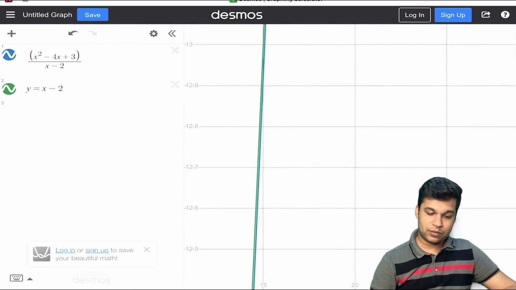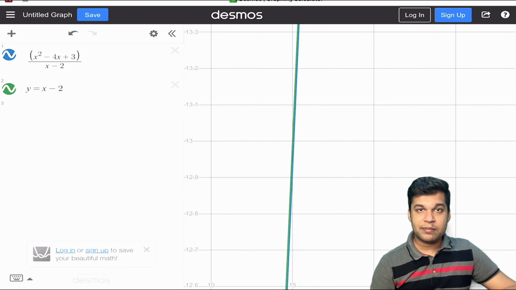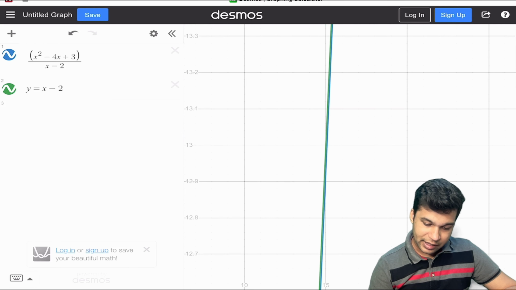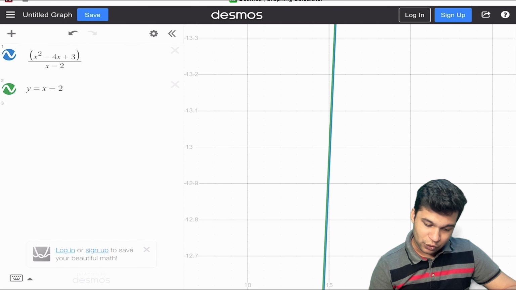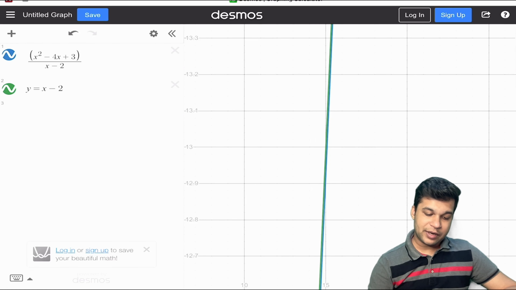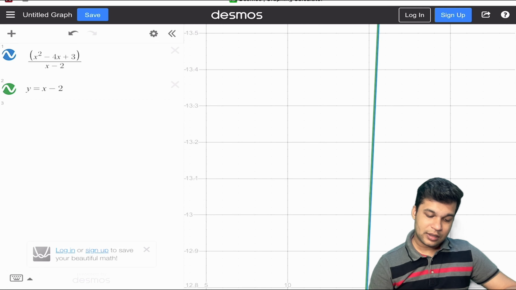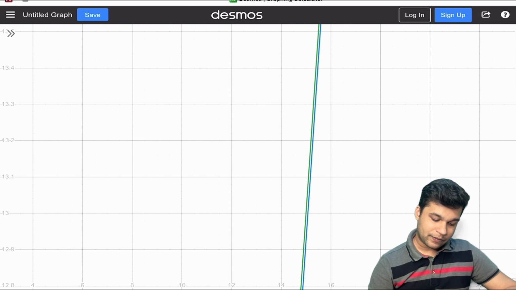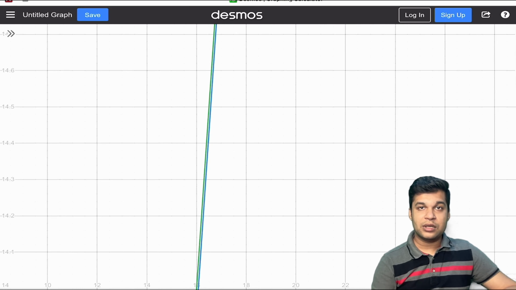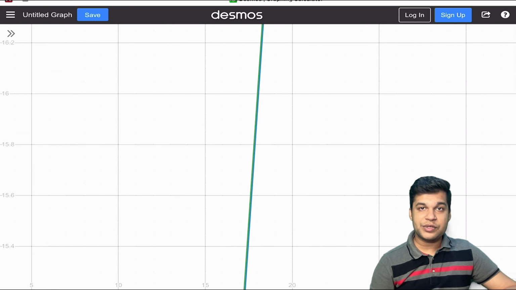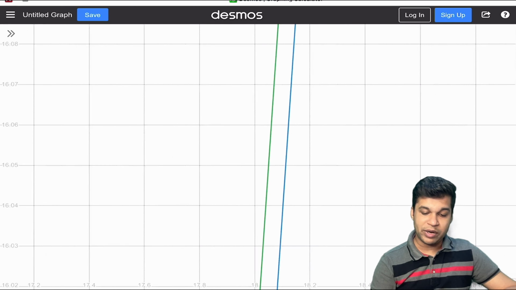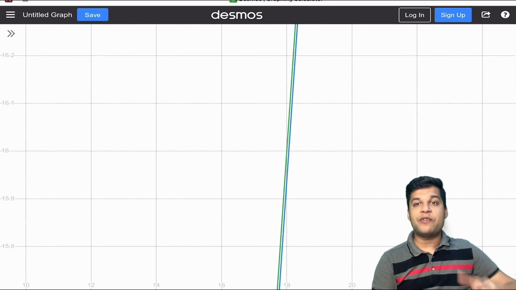At positive 13.2, 13.3, you will see that the graph is coming closer. Maybe they are trying to touch, but if you zoom in, it's not touching. So that's how you find the oblique asymptote.